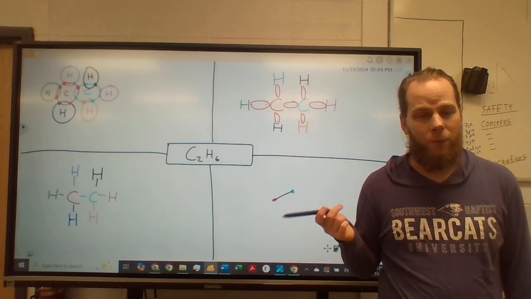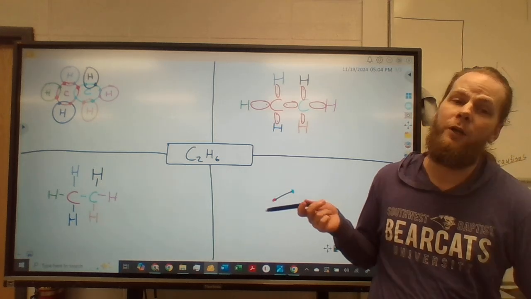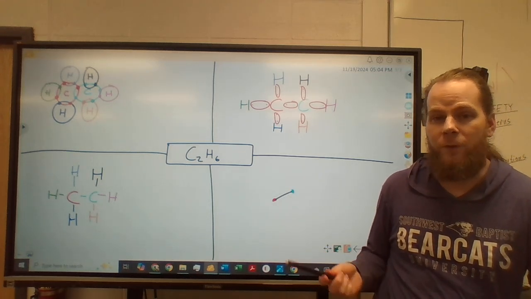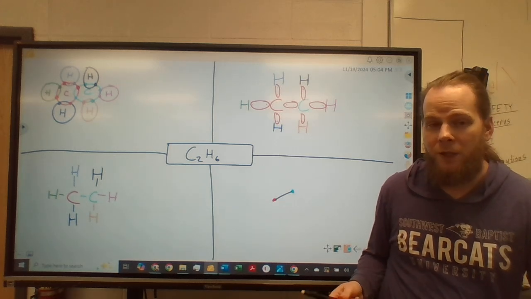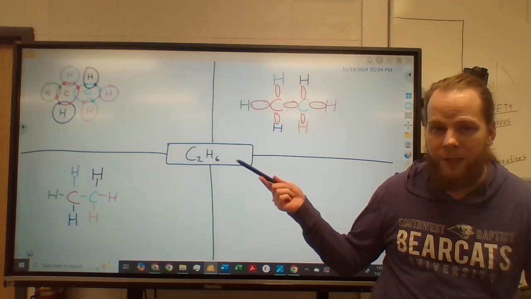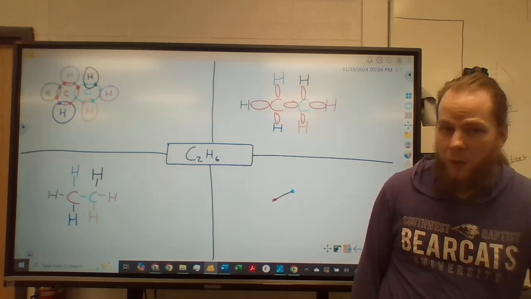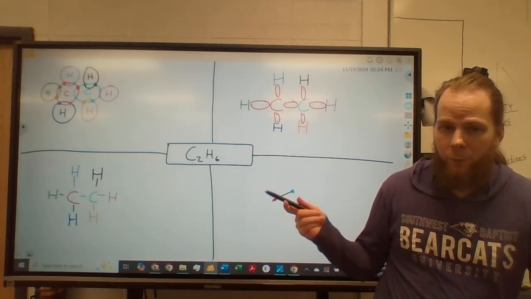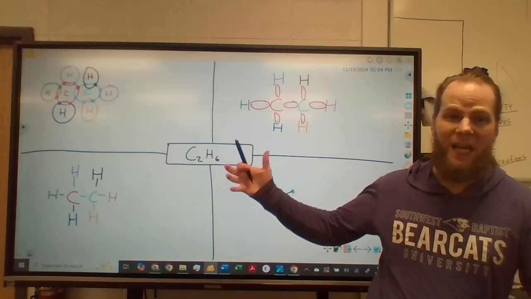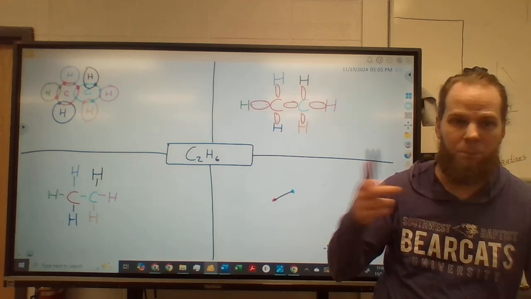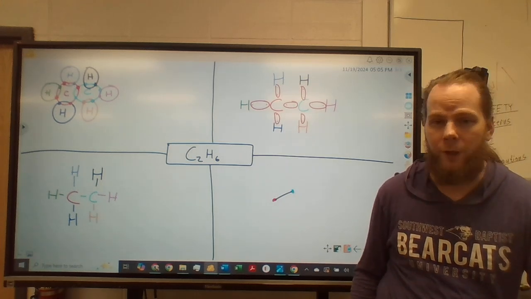And typically when we're doing skeletal structures, we're doing very large molecules, like something that has 5, 10, 15 carbons in it. So you can only imagine how many hydrogens would be in that. And that's a fairly small molecule.